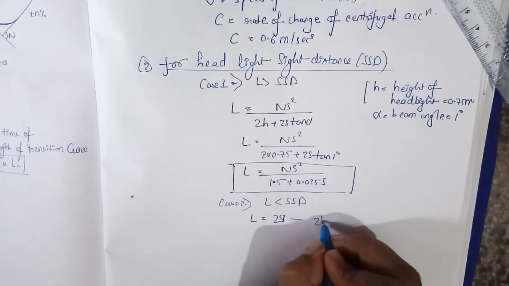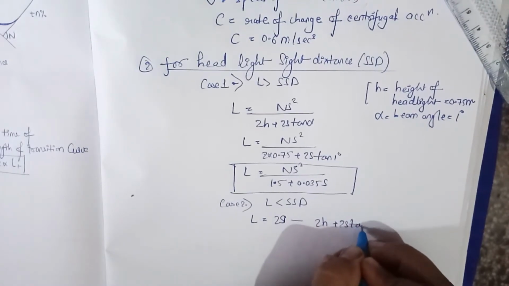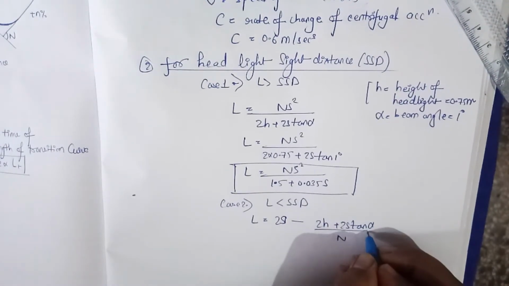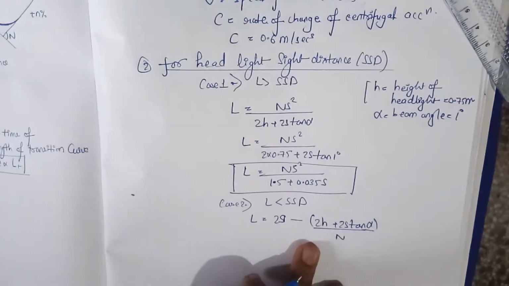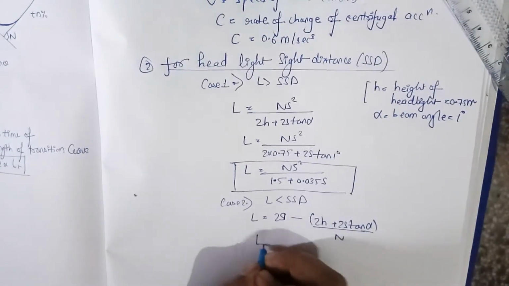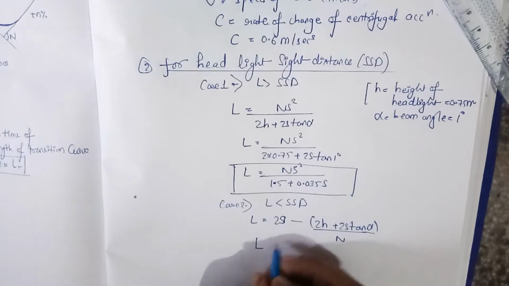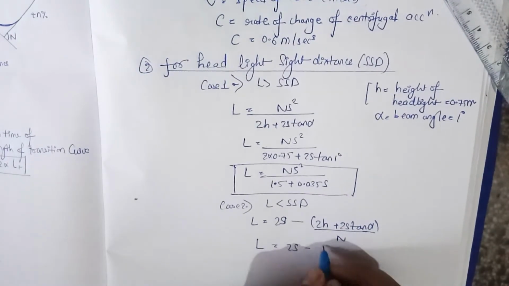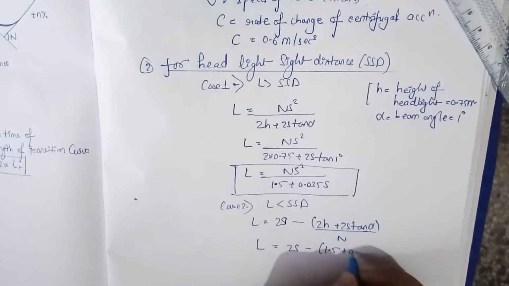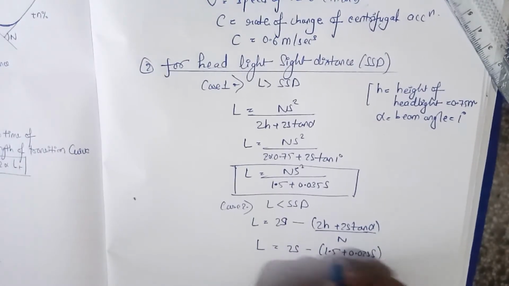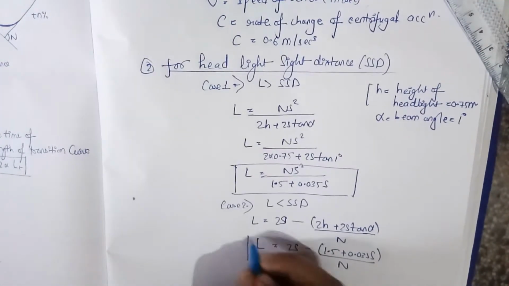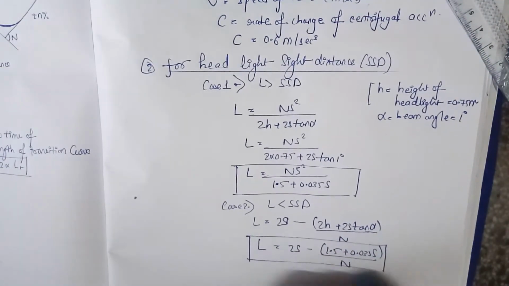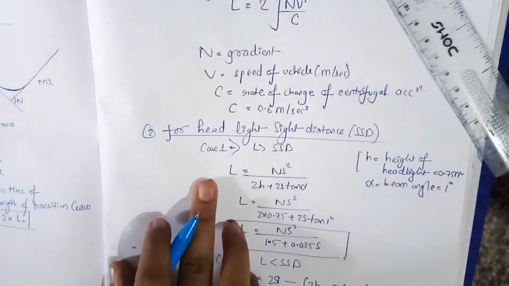If we put these values, you get the standard formula as 2S minus 1.5 plus 0.035 S upon N. So these are the formulas depending upon the comfort condition and the headlight sight distance.